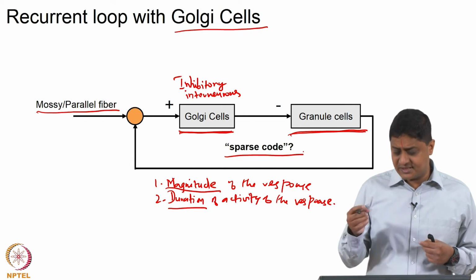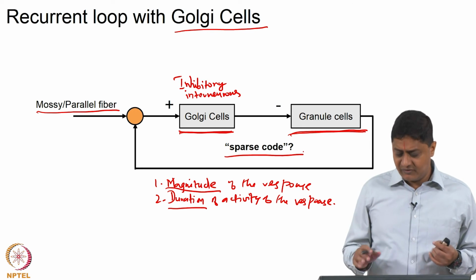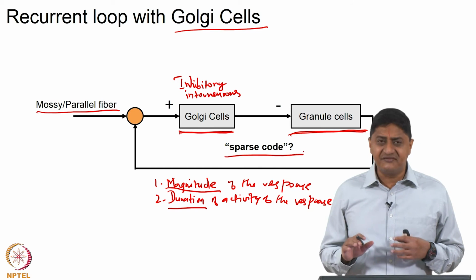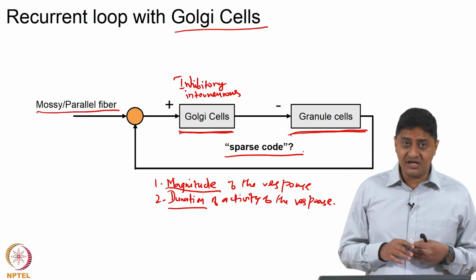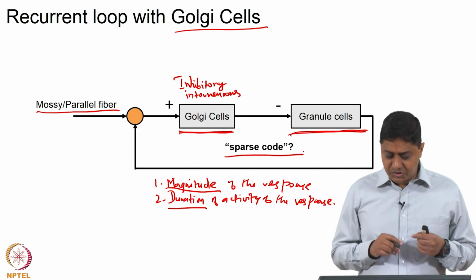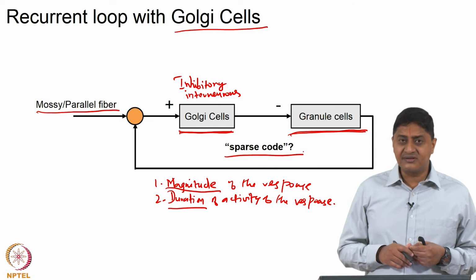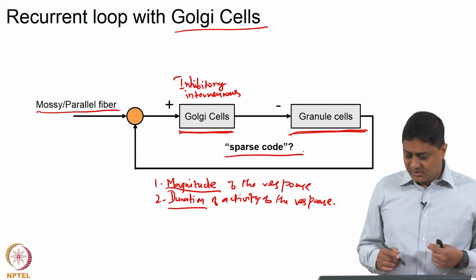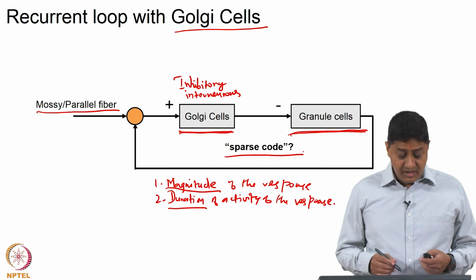Only those granule cells that need to be active at a particular time are allowed to be active, keeping all the other cells relatively silent, because the number of granule cells is very large, you cannot keep them active simultaneously and respond to their activity. So, probably the Golgi cells encode some form of sparse code.